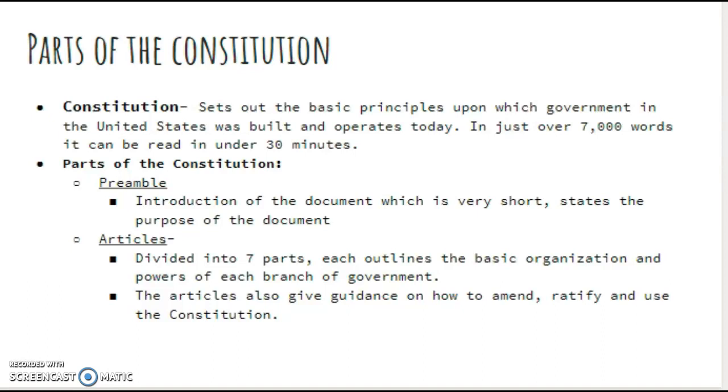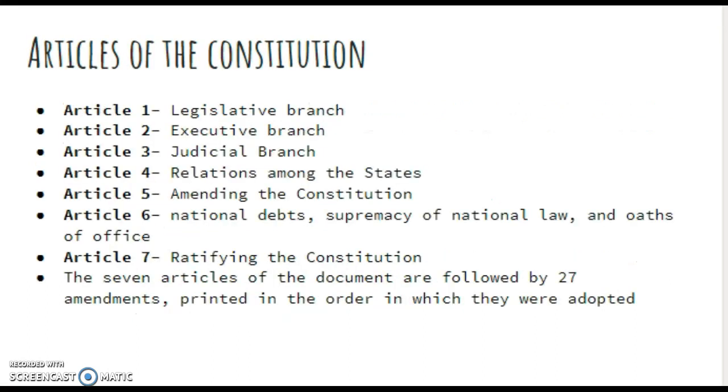So just understand that the Constitution, again, is the supreme law of the land. That simply means that it is the highest form of law in the United States, and it stands above everything else. This slide just shows the various articles of the Constitution, and again, what is included in each.